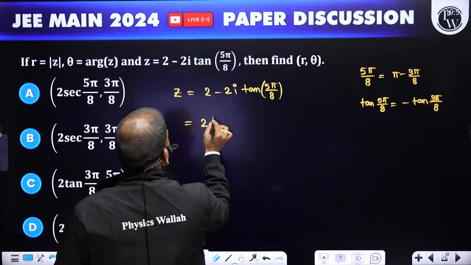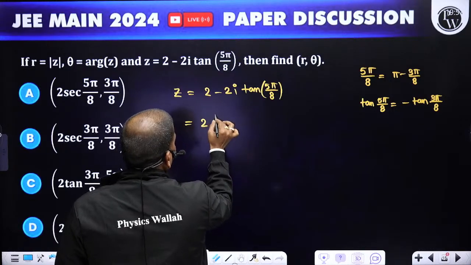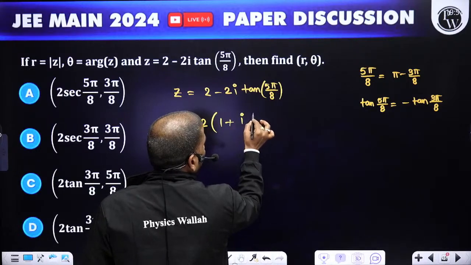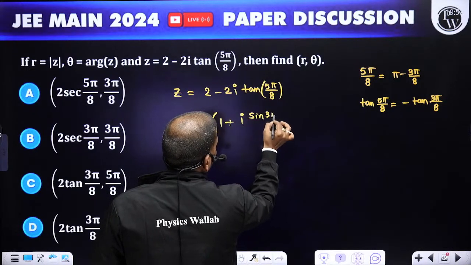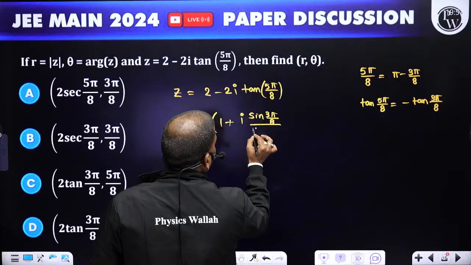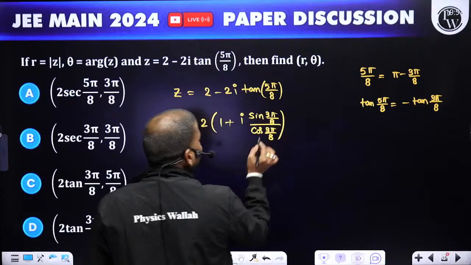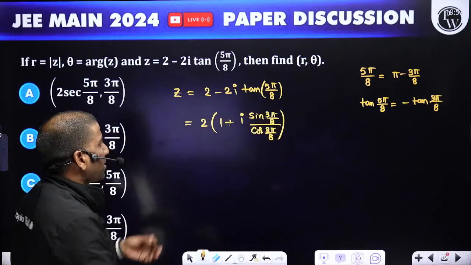Then what we could write? 2, we can take common 1 minus i times tan, so plus it will become sin 3 pi by 8. It is not in the polar form. So what is the polar form? R times cos theta plus i sin theta.